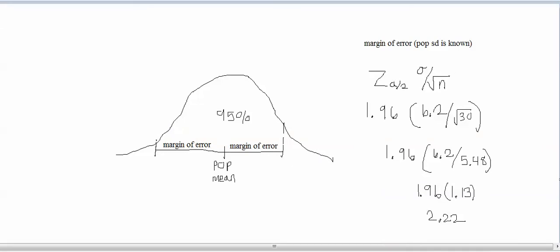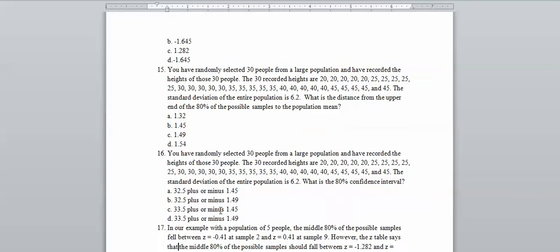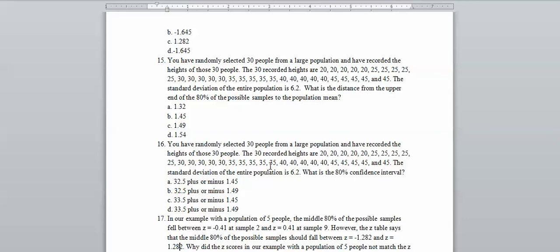You would then calculate the sample mean, add these 30 numbers and divide by 30. Then you would get the sample mean, and it would be sample mean plus or minus whatever margin of error you found in question 15. I'm not going to give you the answers to these because I think you can just follow the steps and use these questions to get some practice on your own. So I shouldn't give away the answers.